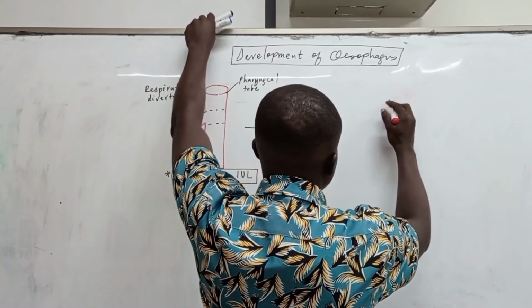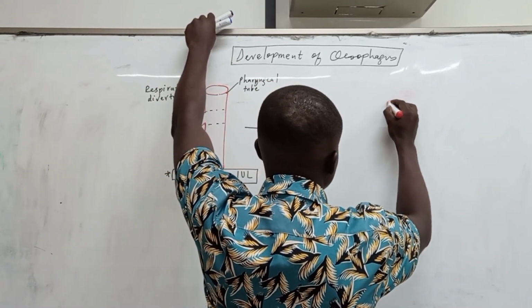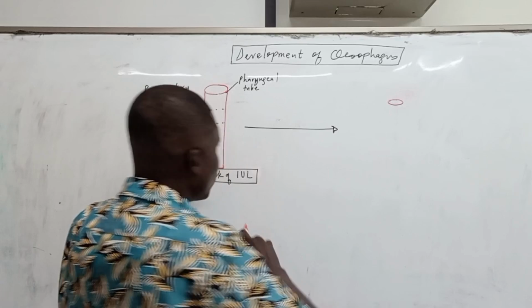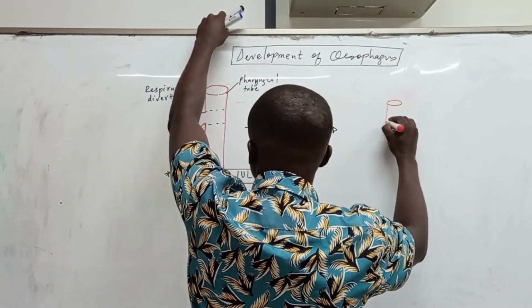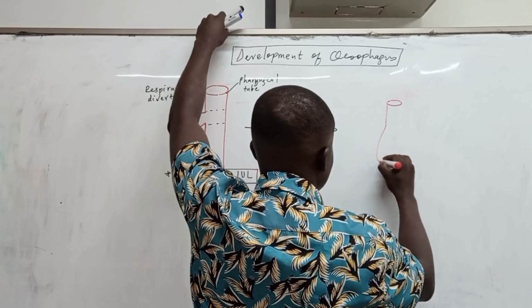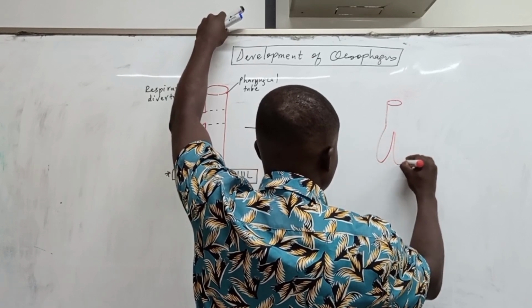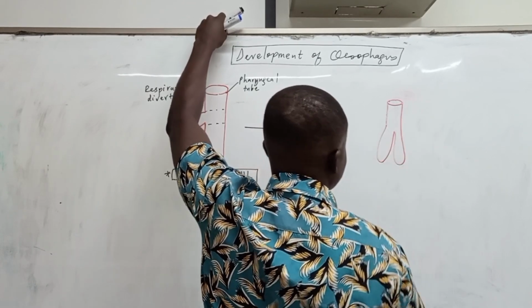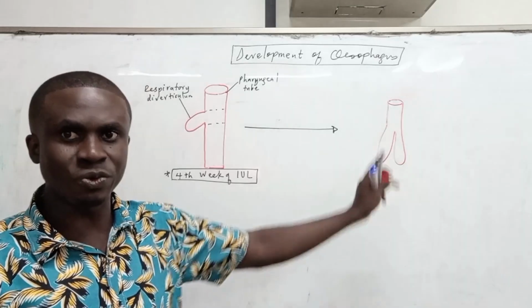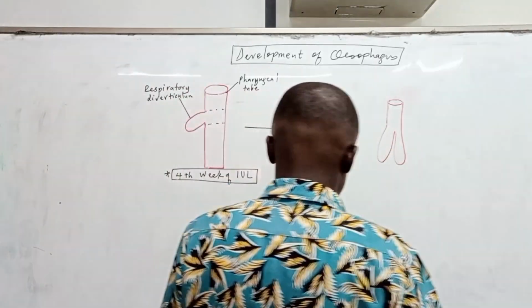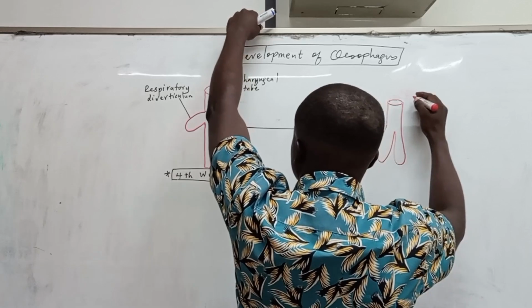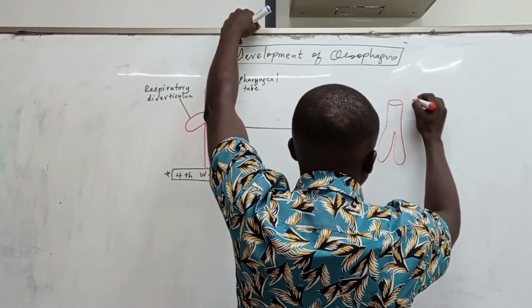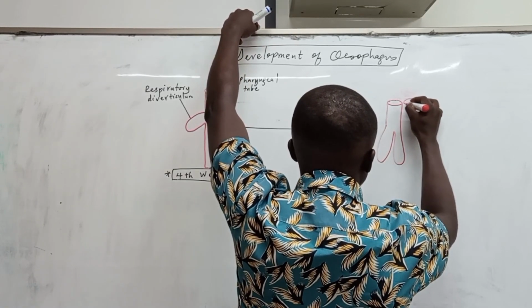Let me say that from here, this one will be elongated, so that I will have this. So that's what we see. And also this portion is actually the oesophagus.